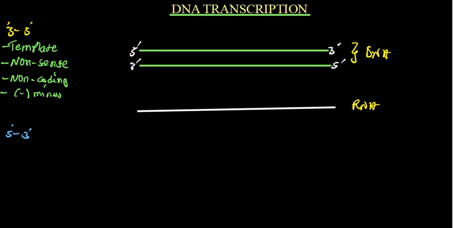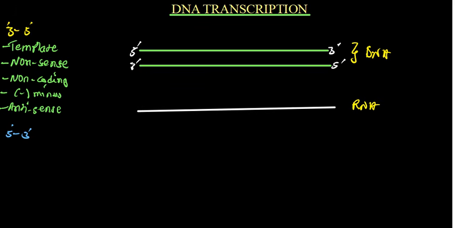Okay, so all of these different names, they all mean the template strand. Then another name is the antisense. Nonsense is the same as antisense, so let me also include that. It's also known as the antisense. I'll explain what all these mean.